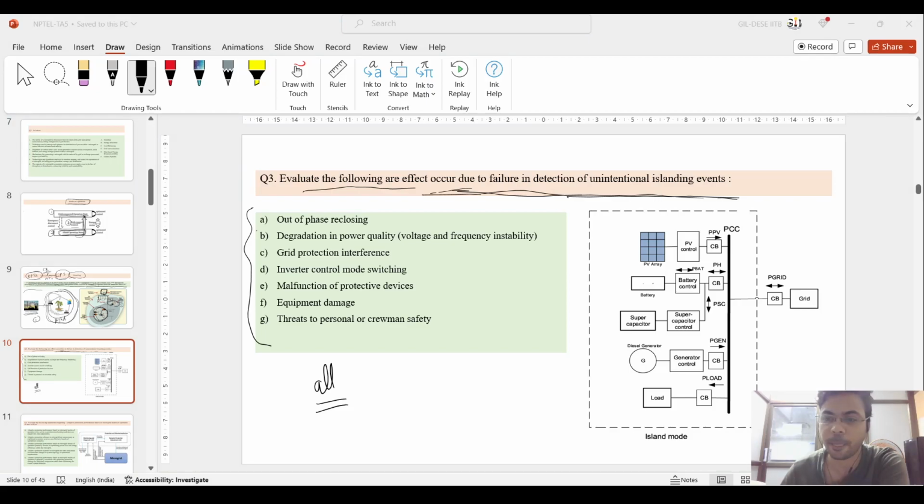Okay, I have got this answer that all options are correct. Anybody else? Please give a try. Each statement has its own explanation, so if you know the background, you can explain it.